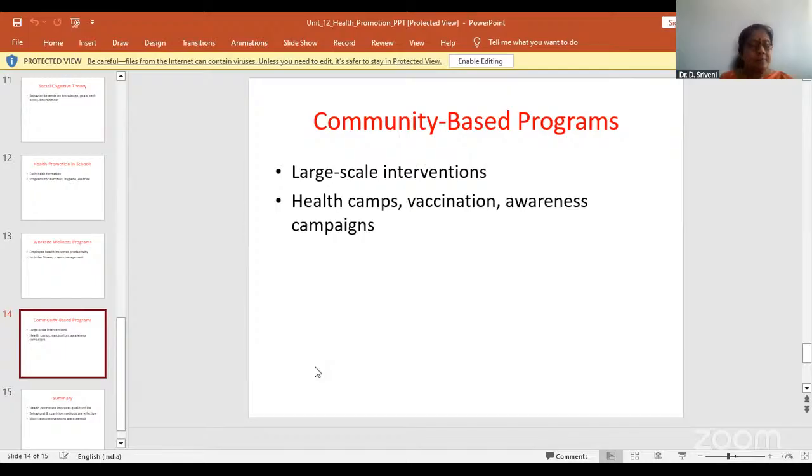Community-based programs are like large-scale interventions. And health camps, vaccinations, and awareness campaigns can be conducted in the community for better health promotion.